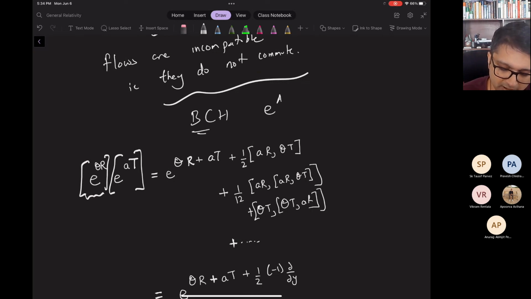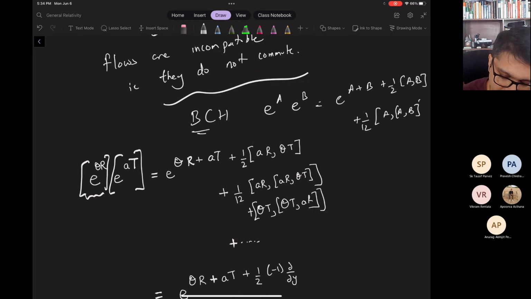If I have two operators A and B, then e raised to A, e raised to B is e raised to A plus B plus half the commutator of A, B. In this case, it would be the Lie bracket of A, B, plus 1/12 of A comma B comma B plus B comma B comma A, and so on.